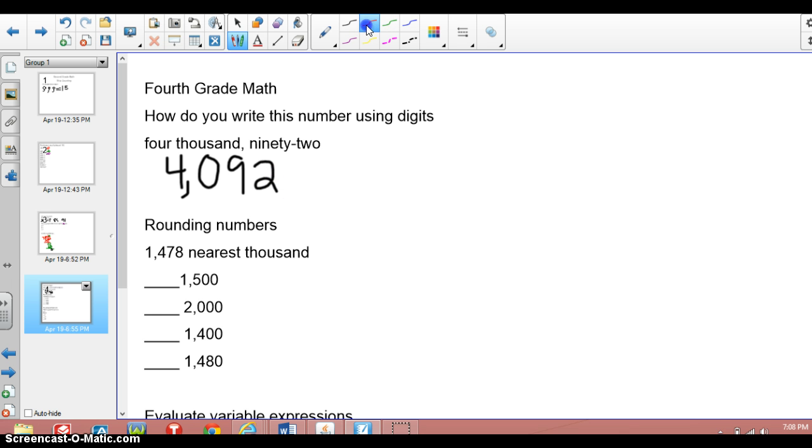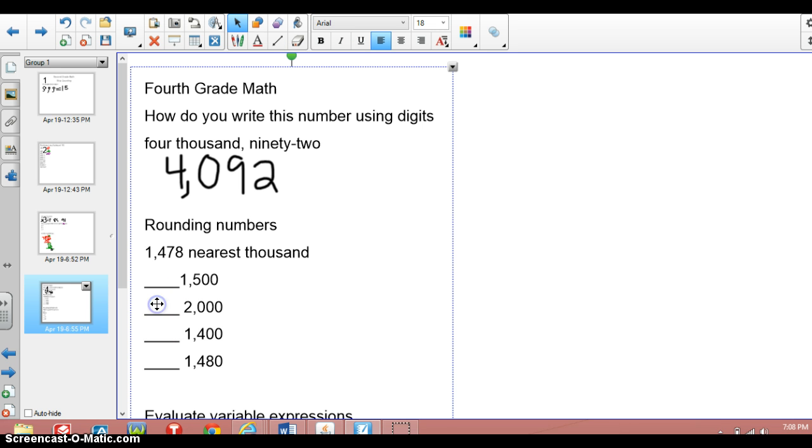Okay. Next we have rounding numbers. Here we have 1,478 and we round it to the nearest thousand. We can have students come up and select which one they believe is the correct answer. Now here, round it to the nearest thousand, you know that this is it here.